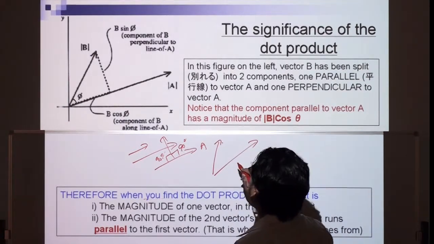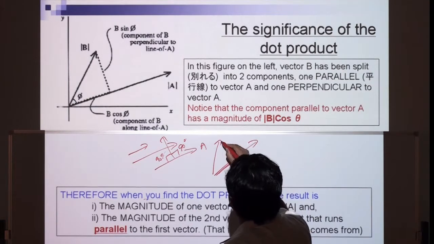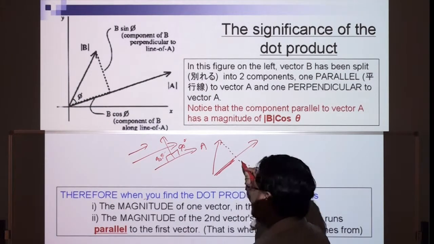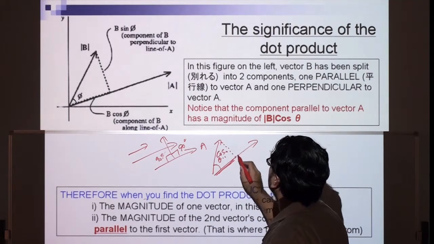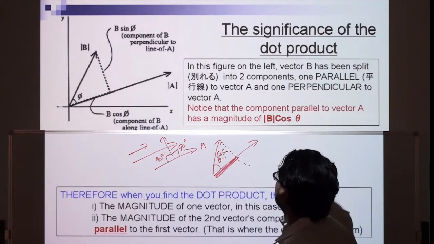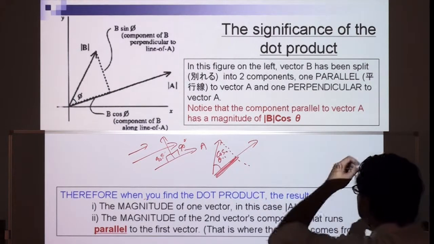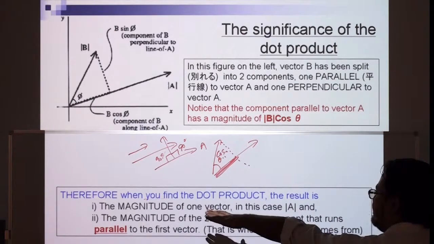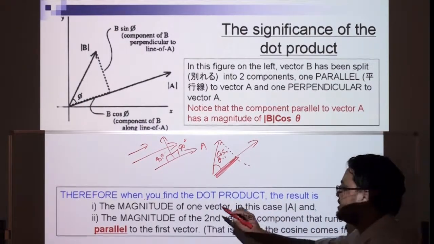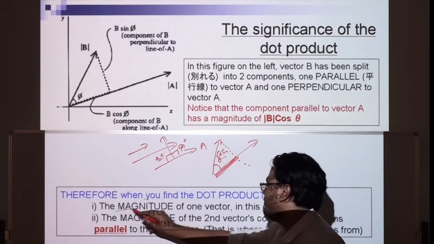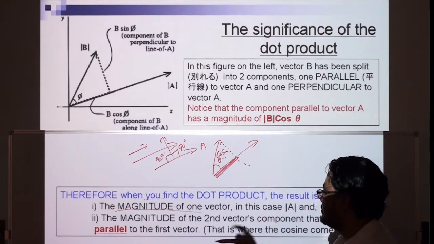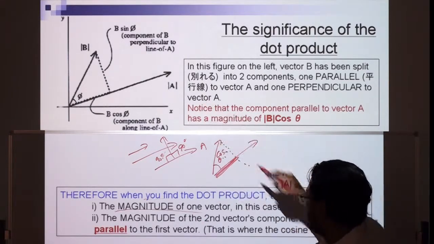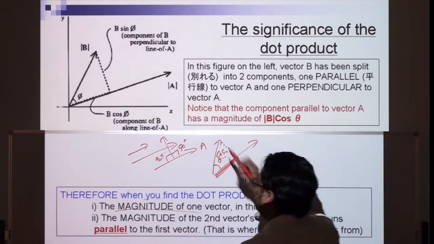So when we want to calculate that value, we have an imaginary line, not real, and then we take that value. All you have to do is multiply that by cos theta, and you get the value here. Therefore, when you find the dot product, the result is one, the magnitude of one vector, in this case the absolute value of A, and two, the magnitude of the second vector that runs parallel to the first vector.